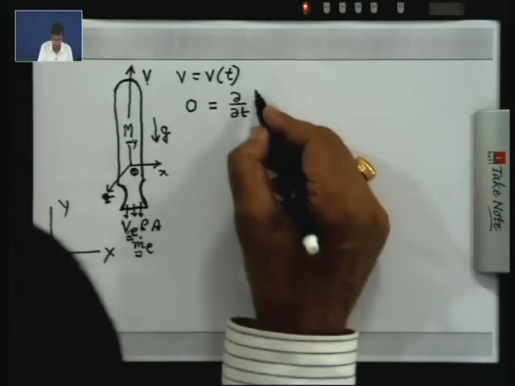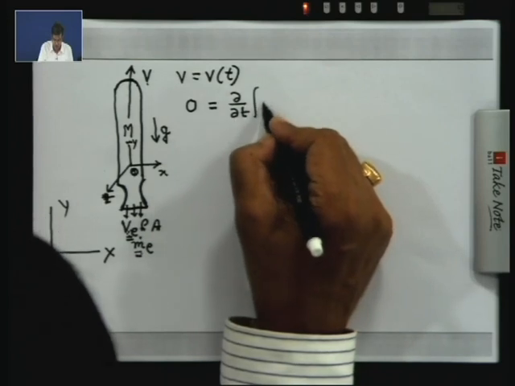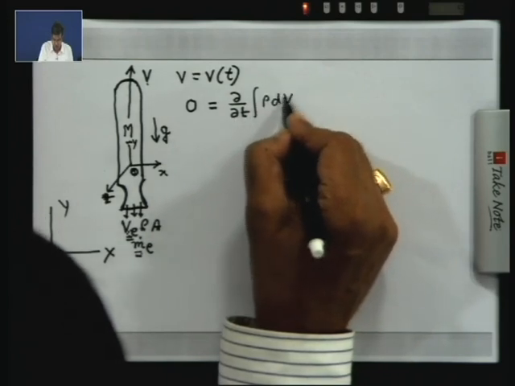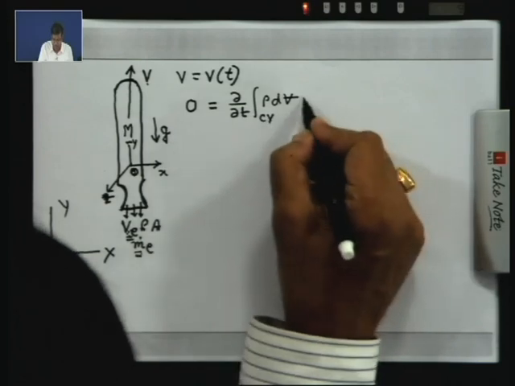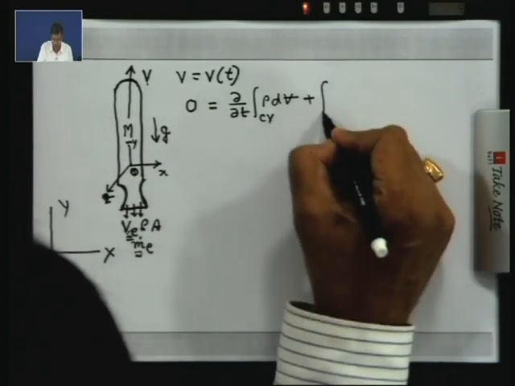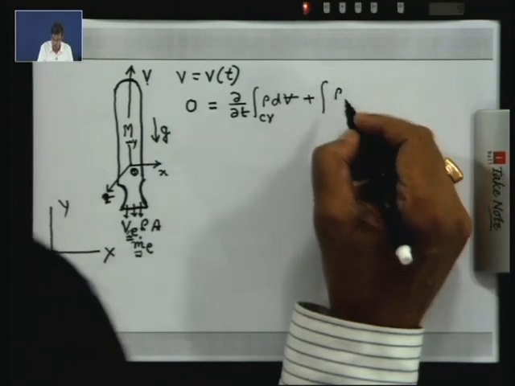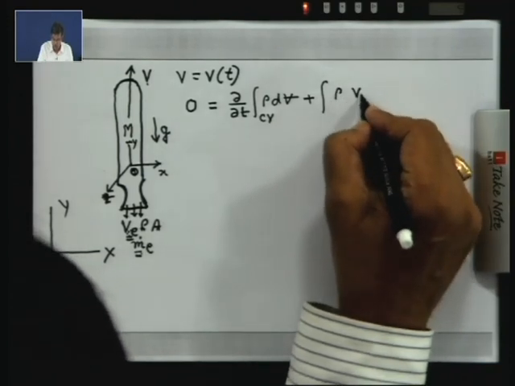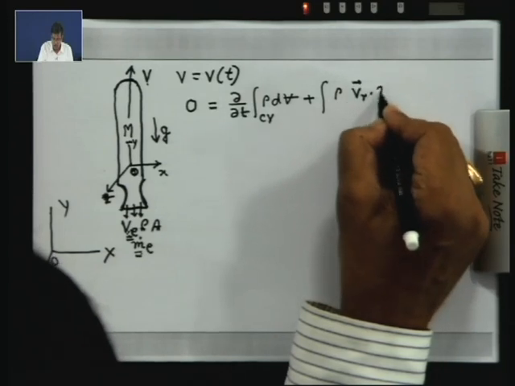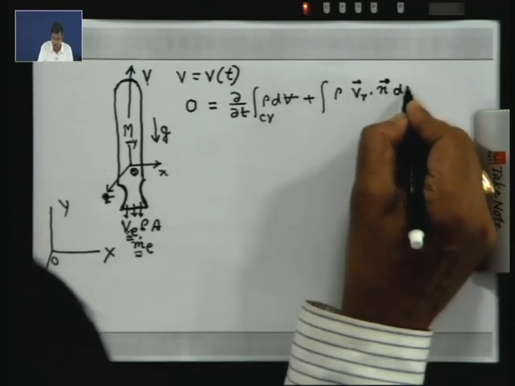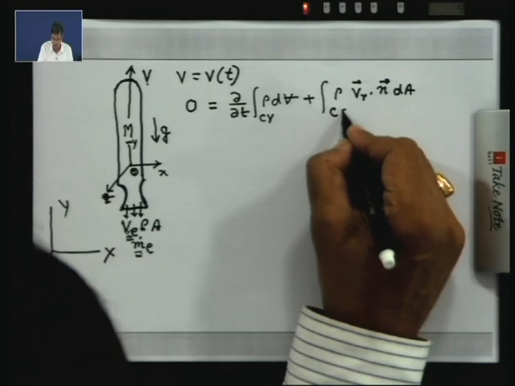Then del del t of rho dV. Again I am writing again and again, so you will remember it, plus rho into VR dot n dA over the control surface.